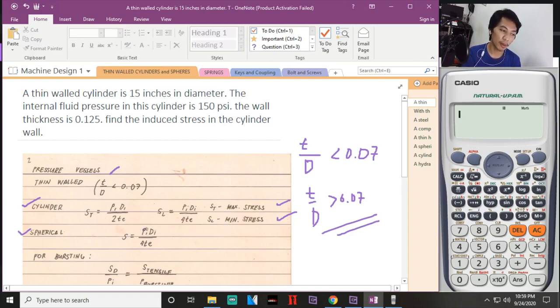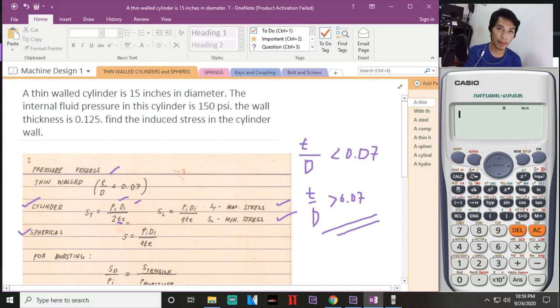Now, what are the formula involved dito sa ating cylinder? Pagdating ng iyong tangential stress, that is PD, that is inside pressure, okay? Internal or inside pressure, inside diameter or internal diameter divided by 2TE. What is T? That is the thickness of the plate that is used to make your pressure vessel, and E is the joint efficiency. Okay?